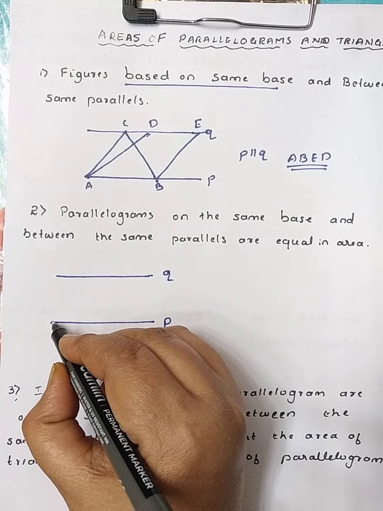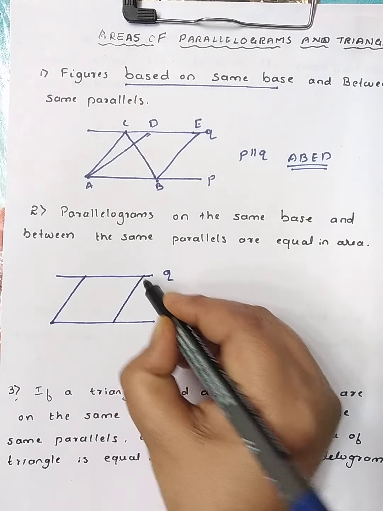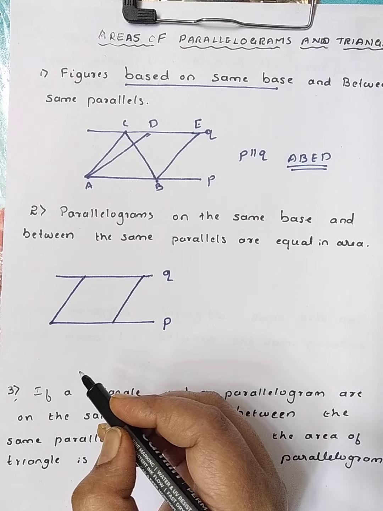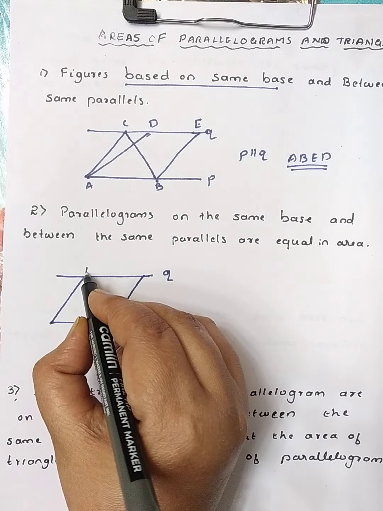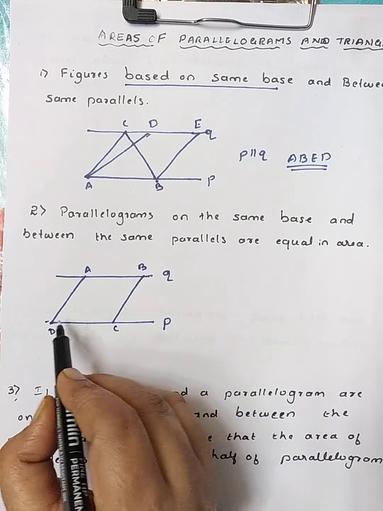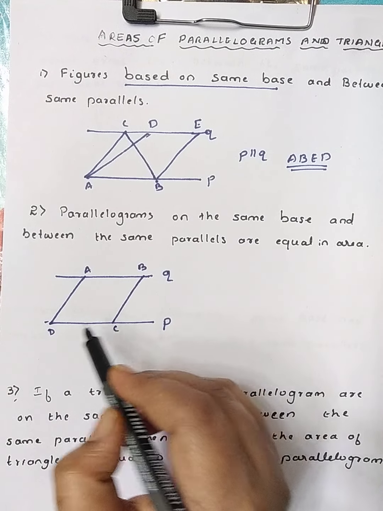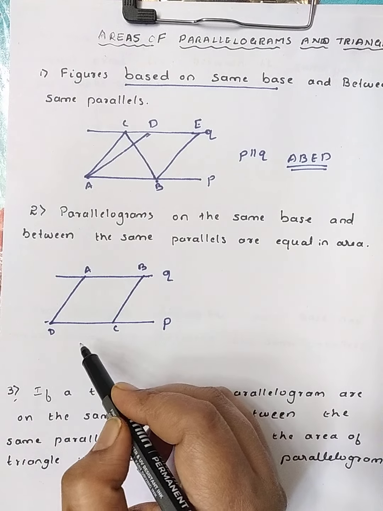We will draw two parallelograms here, suppose like this. This is ABCD. So this is a parallelogram between two parallel lines P and Q, and these are the opposite sides.